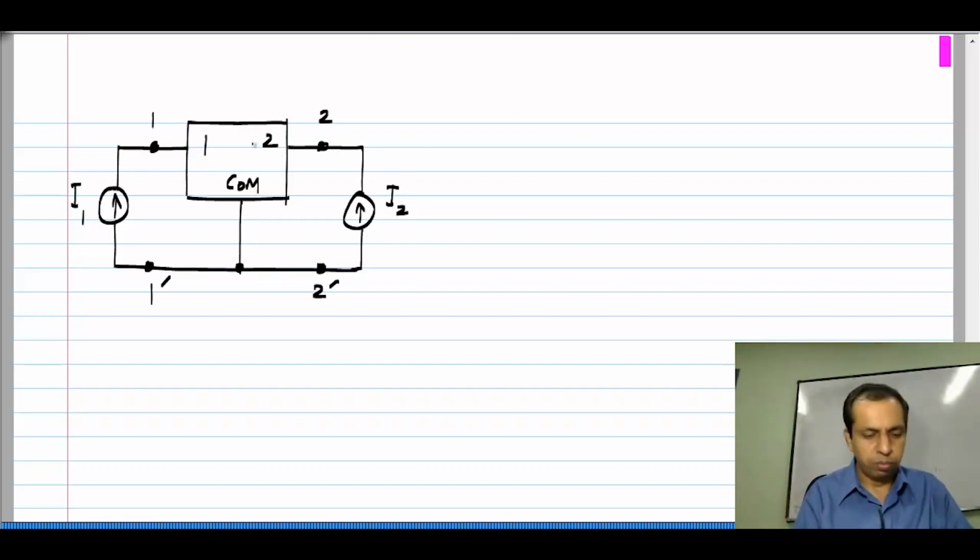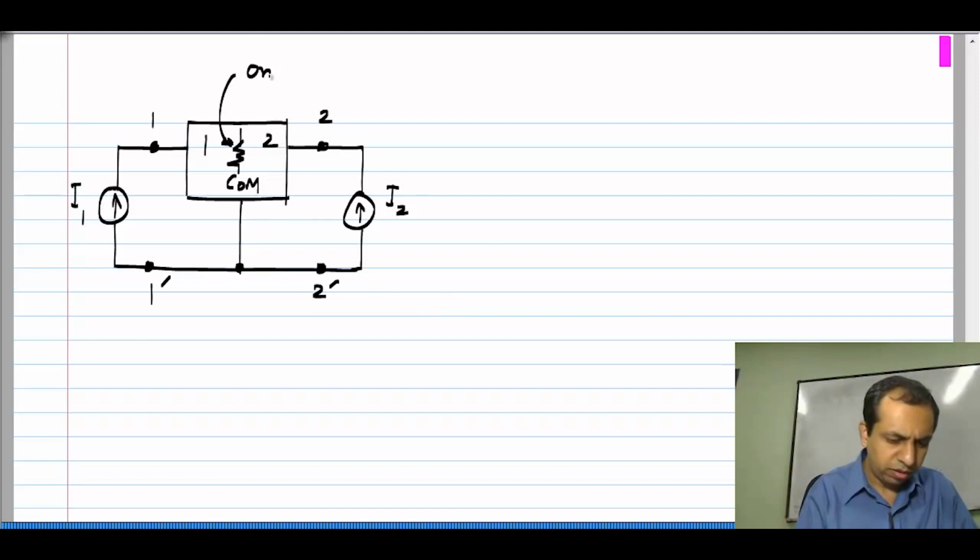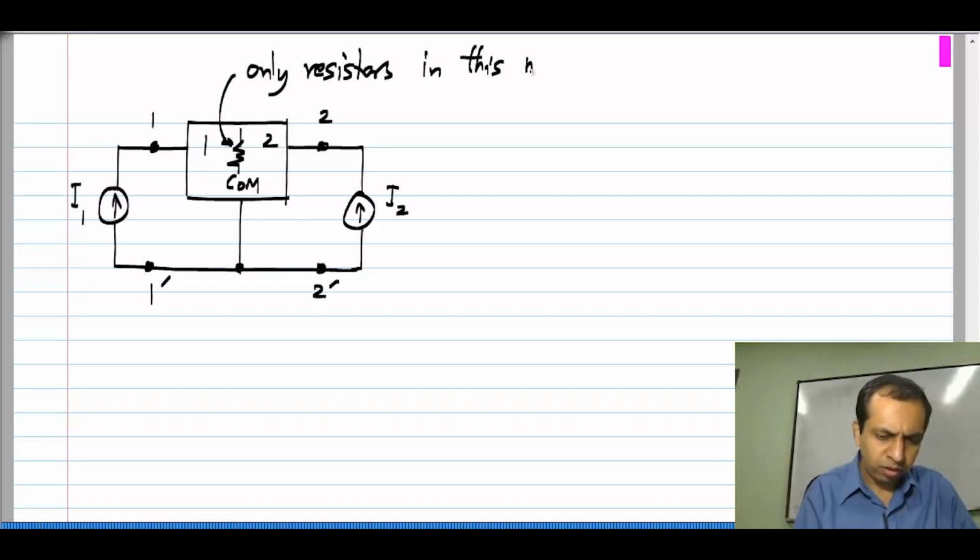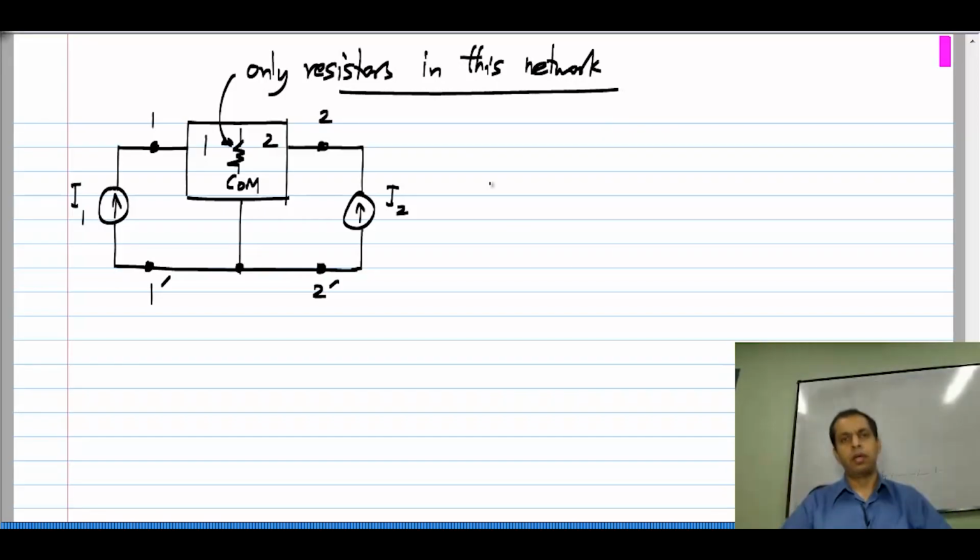By the way, the most important thing, this network now consists only of resistors. So, that is important.